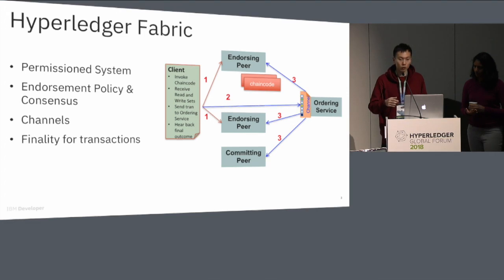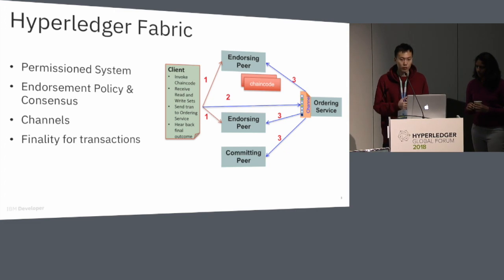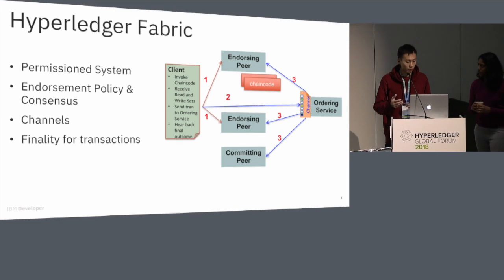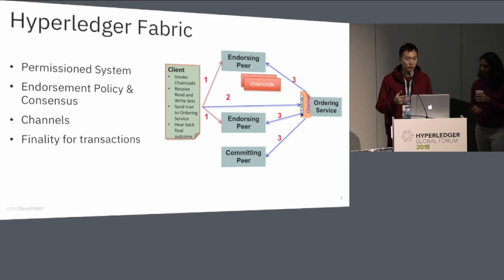All these components interact with each other using certificates, so we are able to authenticate the counterparty. Currently Fabric supports Solo for dev mode and Kafka-based consensus, and in the near future we will have Raft-based consensus and probably BFT after that.